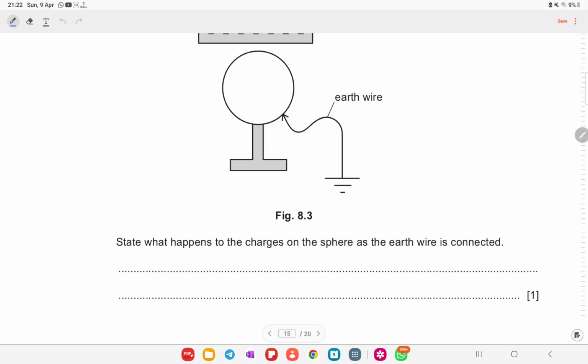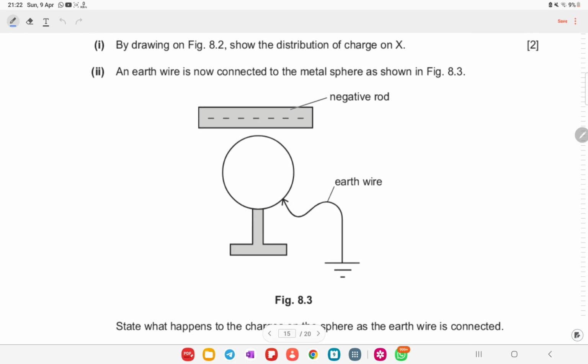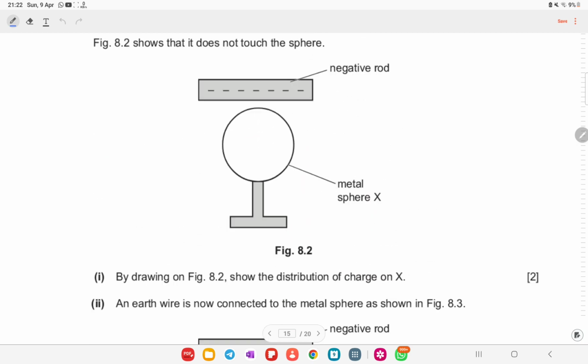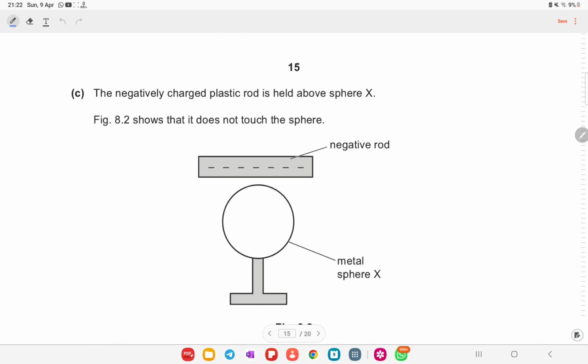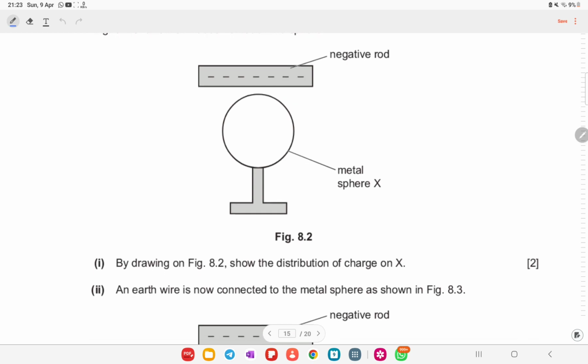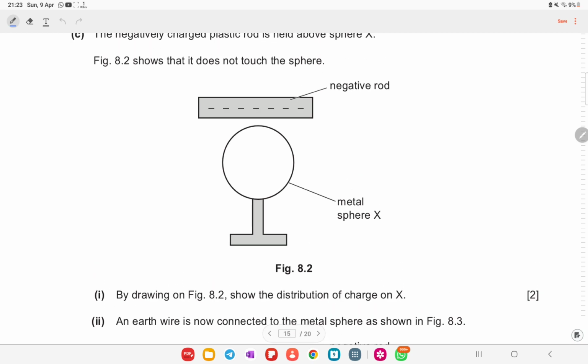Okay, now moving to the next question. The negatively charged plastic rod is held above sphere X. Figure 8.2 shows that it does not touch the sphere. By drawing on figure 8.2, show the distribution of charges on X. So what will happen?